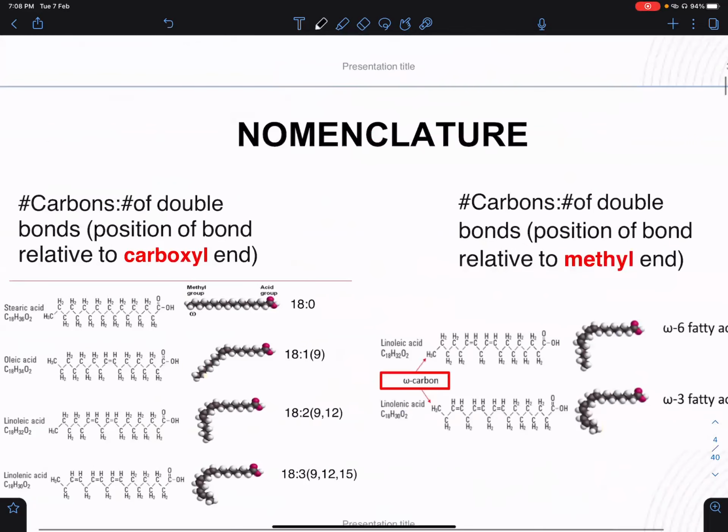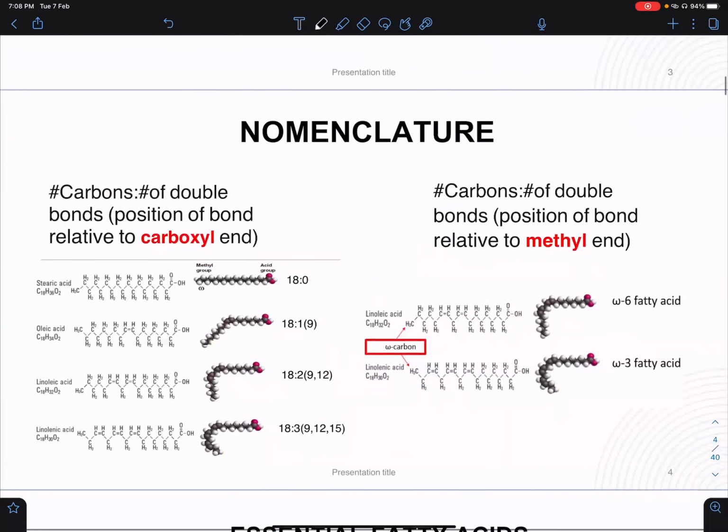Now, when it comes to naming fatty acids, there are two methods. The first method is this one right here. You start off by putting the number of carbons, then two dots, the number of double bonds, and then between parentheses, you put the location of the bond relative to the carboxyl end. This sounds a bit complicated. Let's do an example.